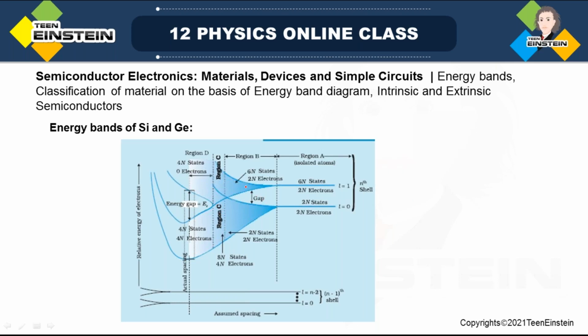In general, when there is a gap between two bands, the electrons in the lower band will not be able to move to the higher band because there is an energy gap, unless you give sufficient energy to the electrons to reach the conduction band.